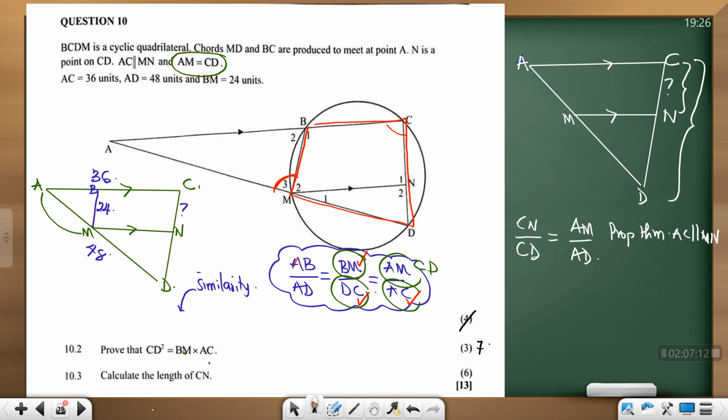But CD squared, check. CD squared equals what? BM multiplied by AC. Do I have BM? BM is given, 24. What is AC? 36. The square root of it should give me my CD. 12 root 6.